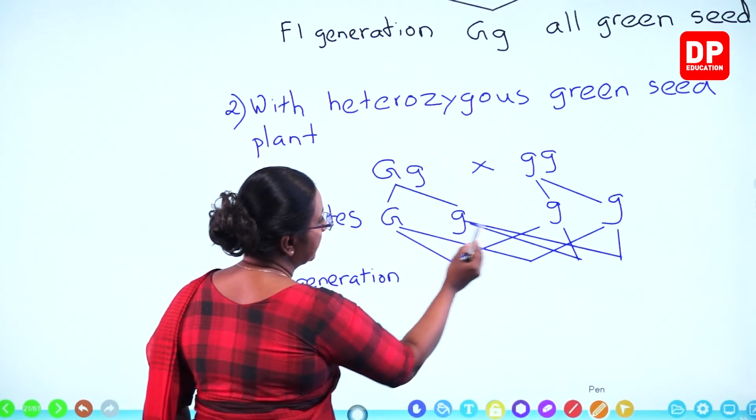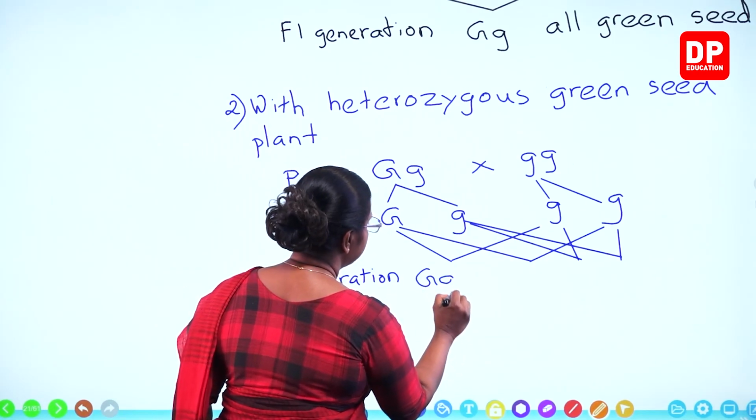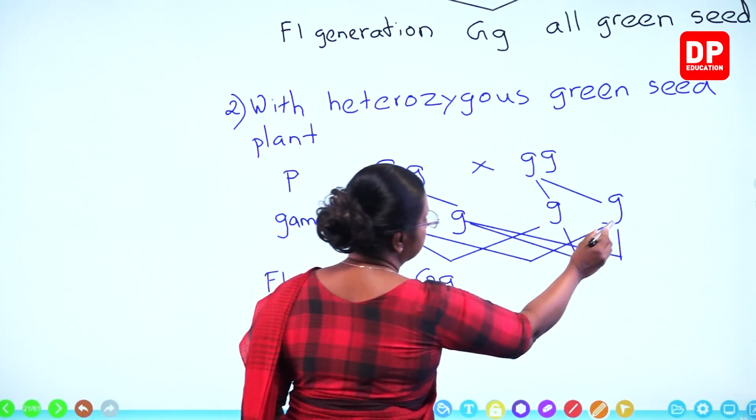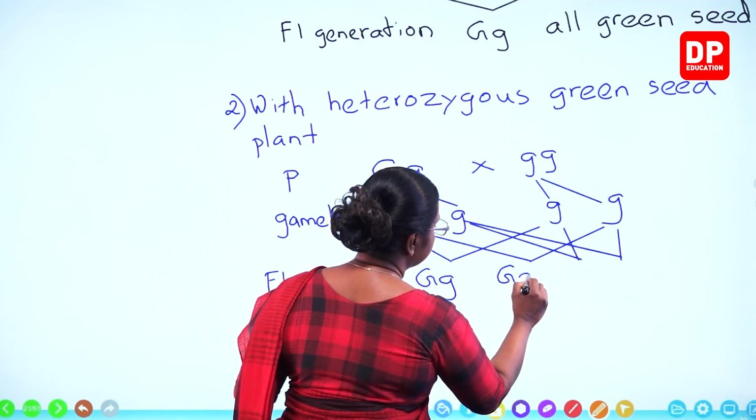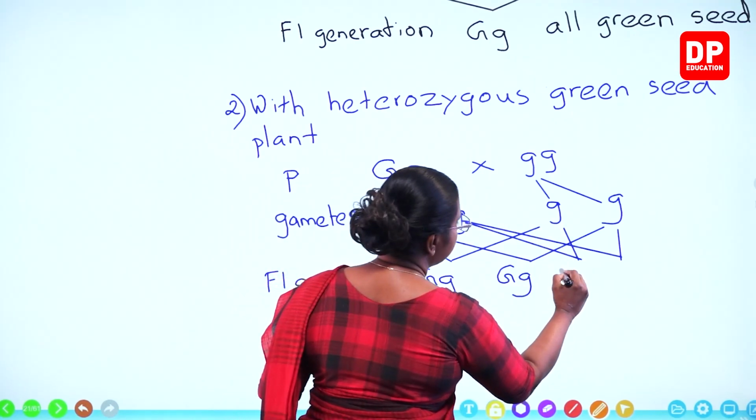So here, capital G and simple G. This capital G and simple G. Then simple G.